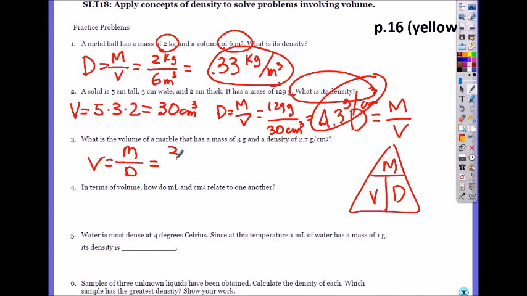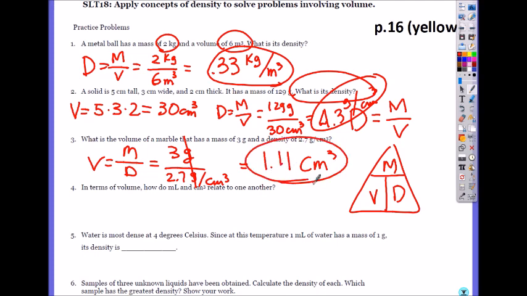Mass is 3 grams, and D is the density, which is 2.7 grams per centimeter cubed. As you can see, grams divided by grams cancel out, and when you divide by something over centimeter cubed, that goes to the top. So your unit is centimeters cubed. What's 3 divided by 2.7? 1.11 centimeters cubed is the volume.